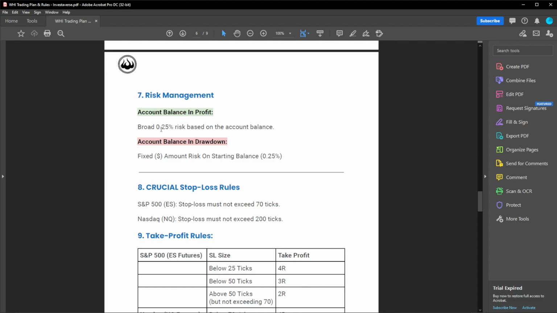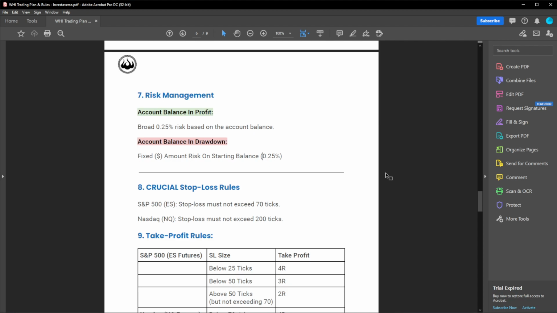So my risk, the way I do it is I do a broad 0.25% risk based on the account balance. And then if the account is in drawdown, I do a fixed amount risk of 0.25%. So for example, let's say I had a $25,000 account. If I'm in drawdown, I will look at 25,000 and ask, what's 0.25% of 25,000?